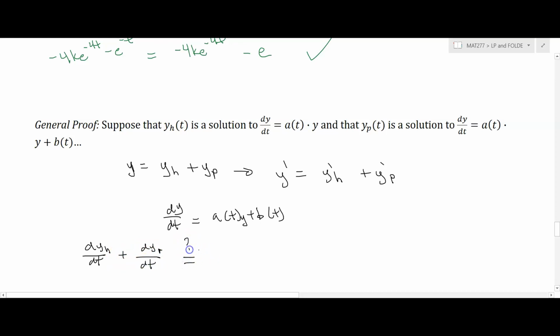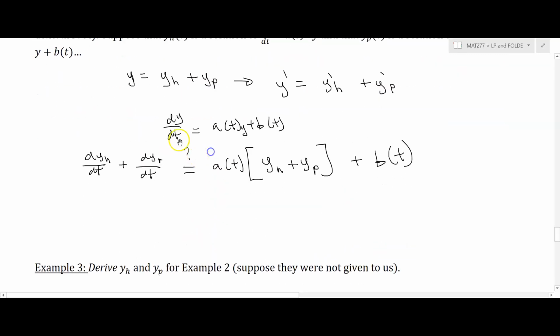Does that equal a of t times y? Well, y is y sub h plus y sub p, and then plus my b of t term here. Now, this becomes sort of an algebraic argument. When I distribute this, I'll have a of t y sub h plus a of t y sub p plus b of t.